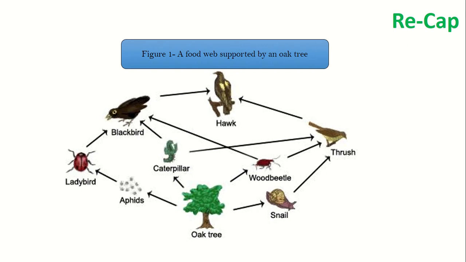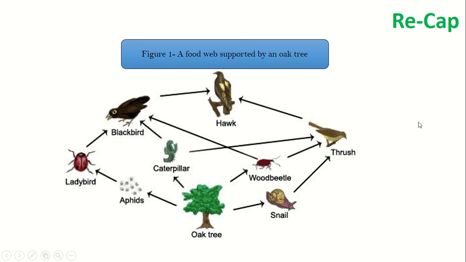Okay, so a bit of a recap then. In our last lesson, we were looking at something called a food web. Now, if you did the task, what a lot of you did was you told me the difference between a food chain and a food web. So, for example, on the slide here is a food web. We've got our oak tree. The flow of energy is going to the caterpillar, to the blackbird, and then the hawk.